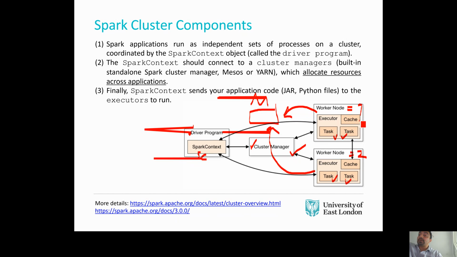And there is cache, which can be used from CPU cache and also memory cache. So cache is going to speed up your processing. Once the job is done, they all send the result back to the cluster manager, and the cluster manager sends your result back to the Spark context, and the Spark context sends the data back to the user, right?